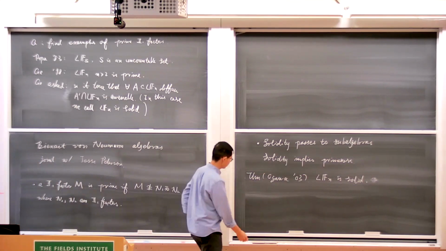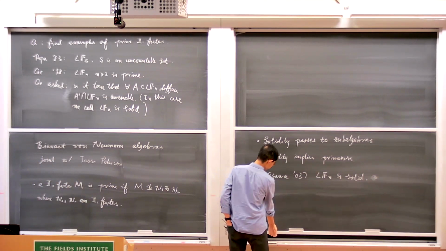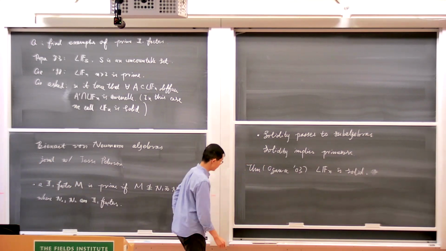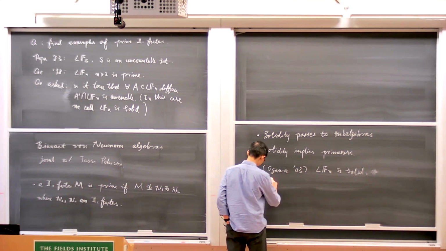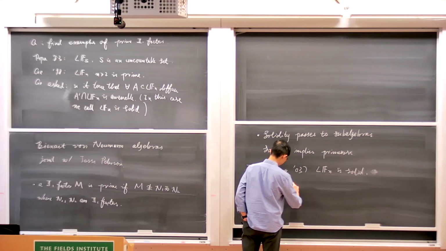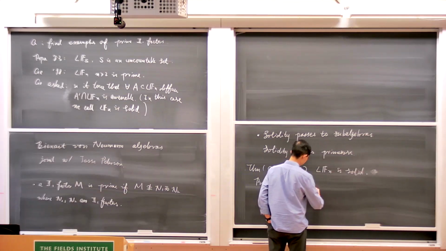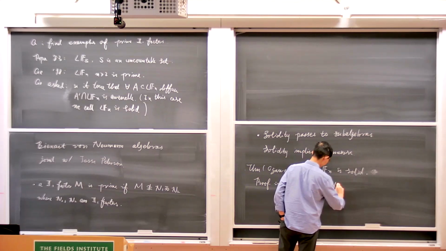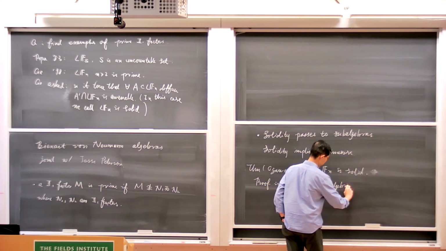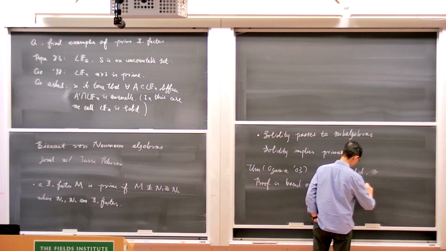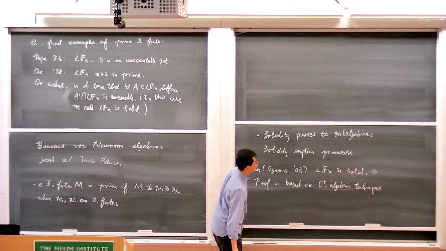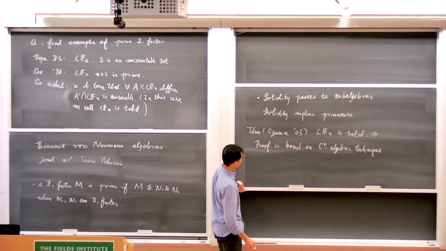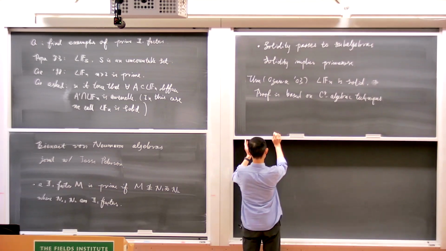And so I should mention what the techniques are that go into the proof. The proof is based on C*-algebraic techniques. So there are two main ingredients that go into the proof.